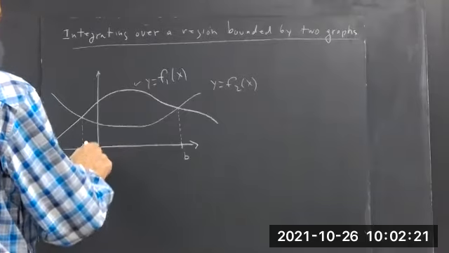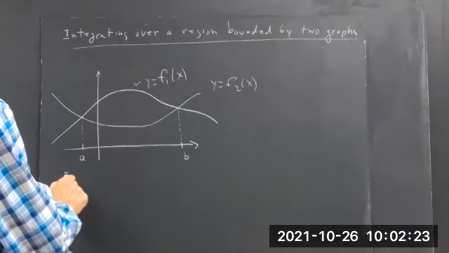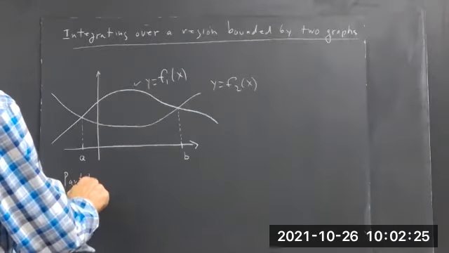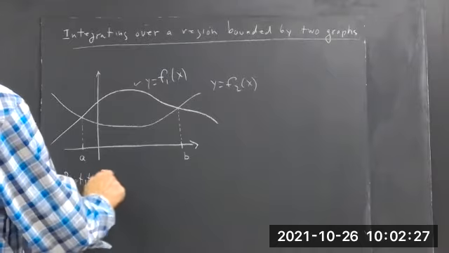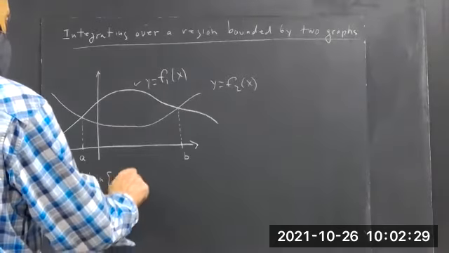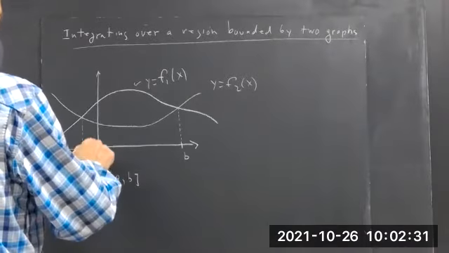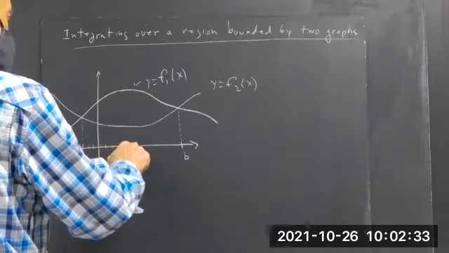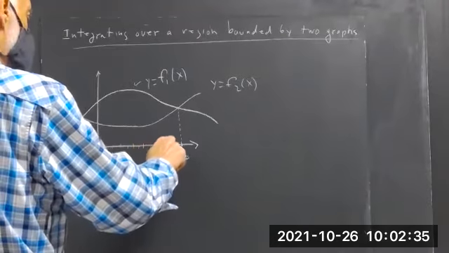Okay, so what we do is we partition the interval from a to b in the usual manner, what we did previously.